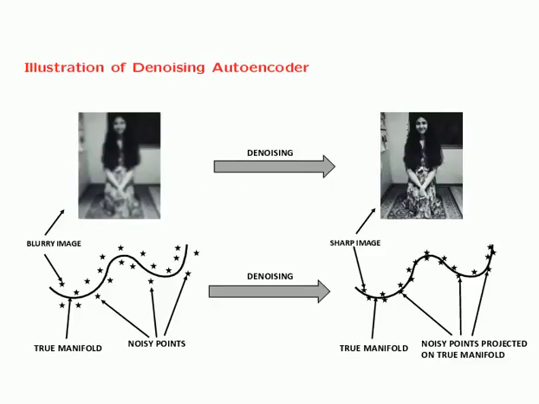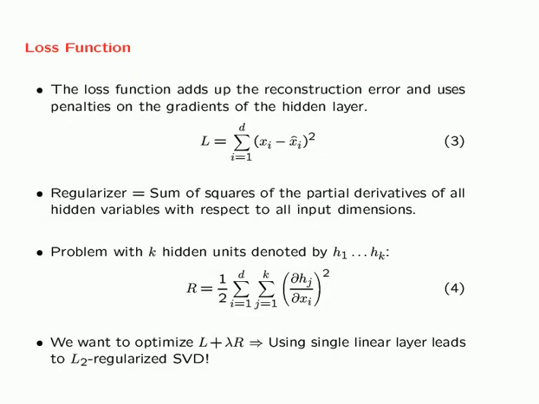So essentially the contractive autoencoder and the denoising autoencoder, they are achieving the same goals in different ways. The denoising autoencoder is achieving this goal by adding noise to the input, whereas the contractive autoencoder is achieving this goal by penalizing the hidden layer.